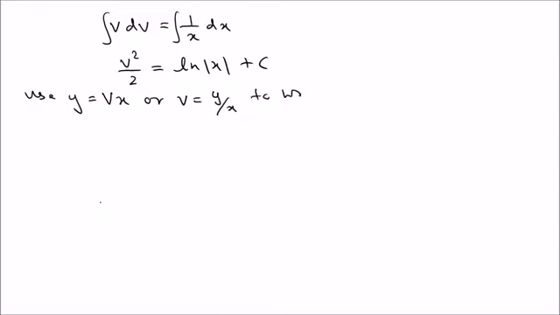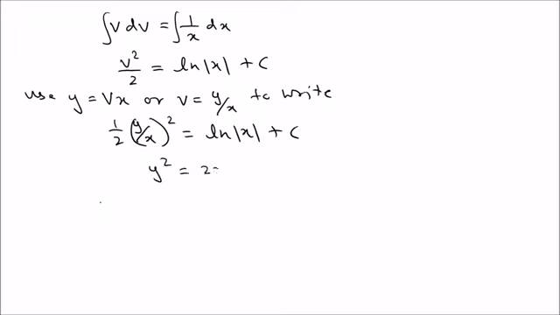You can write this one as 1/2 times (y over x) whole thing squared equals ln x plus c. Now we can multiply both sides by 2x squared to isolate y. So this says that y squared equals 2x squared (ln x plus c).